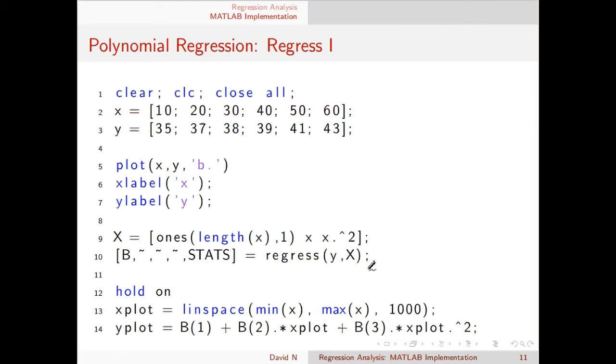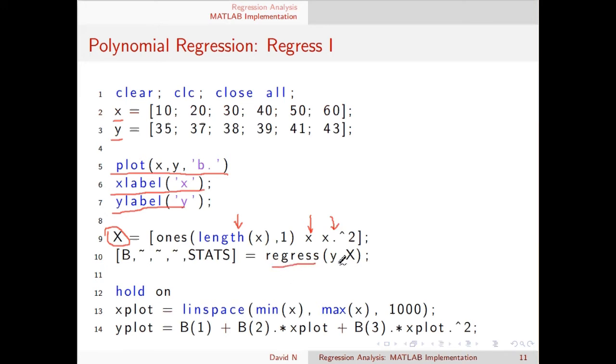Now let us consider polynomial regression. We'll first consider polynomial regression of order 2. The independent variable is x and the dependent variable is y. At first we plot the dependent variable against the independent variable using the plot command, and then we assign the labels to the axes, xlabel and ylabel, and then we stack the independent variables, forming a matrix X. The first column is the column of ones, the second column is the column of x, and the third column is the column of x squared.